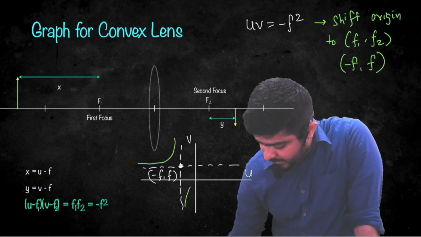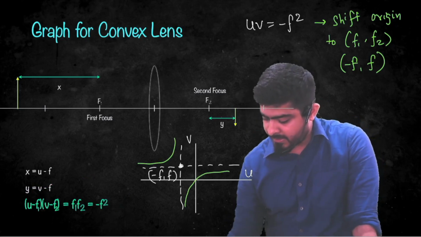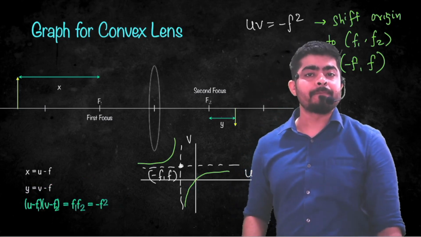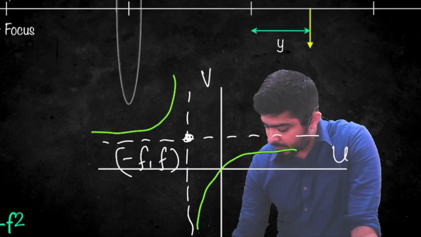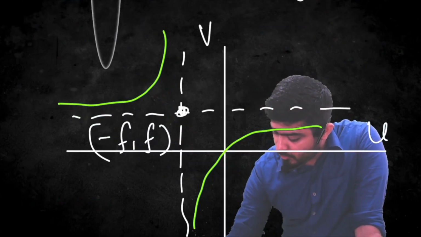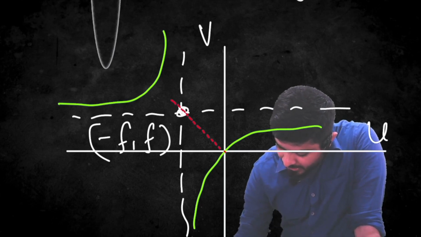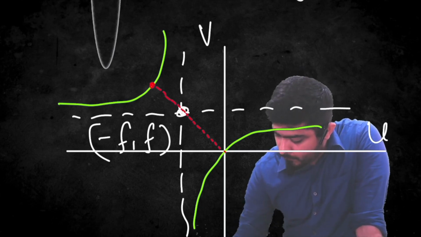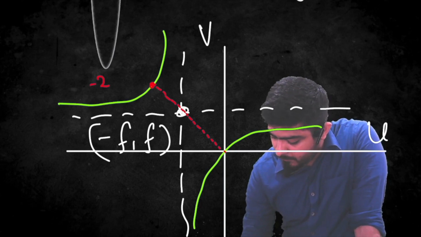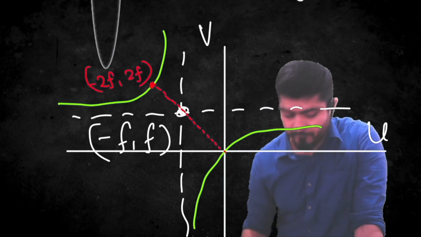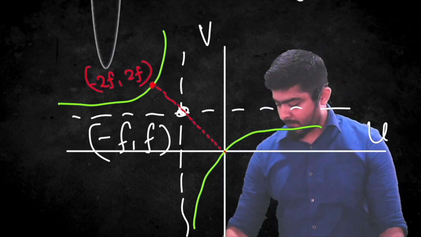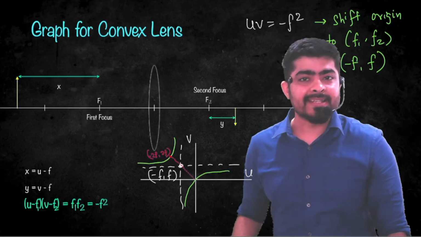Okay, a rectangular hyperbola which is passing through origin at this point. And just like what we did in case of mirrors, here also when you join the origin and the shifted origin, over here you get the point minus 2f comma 2f. Okay, so this is the graph for convex lens.